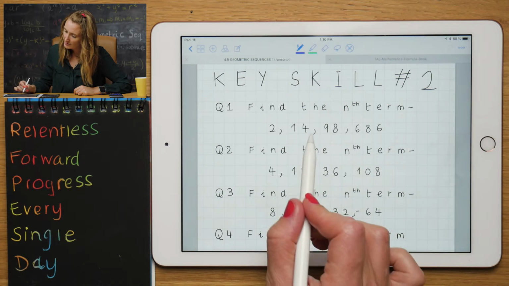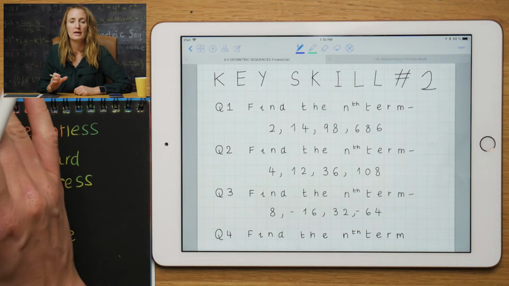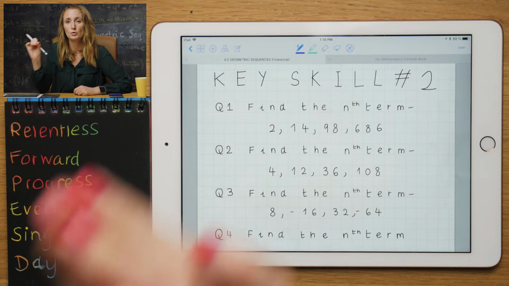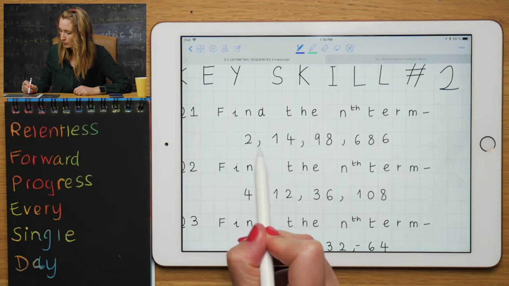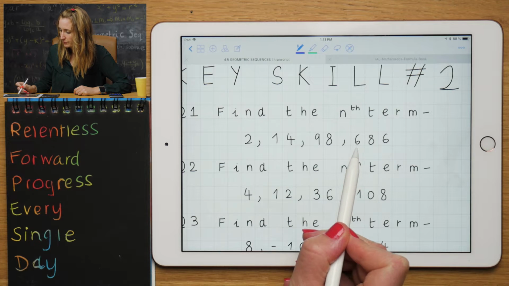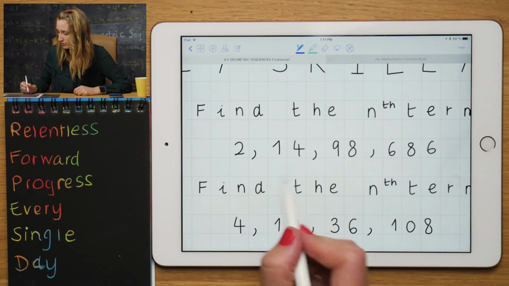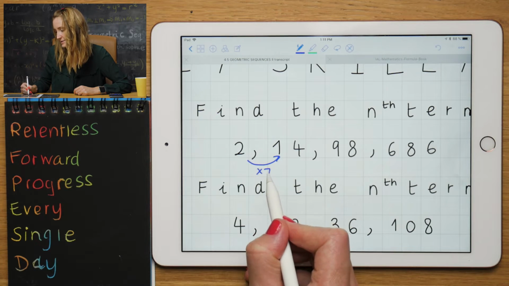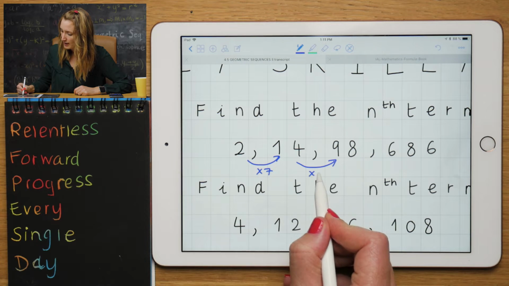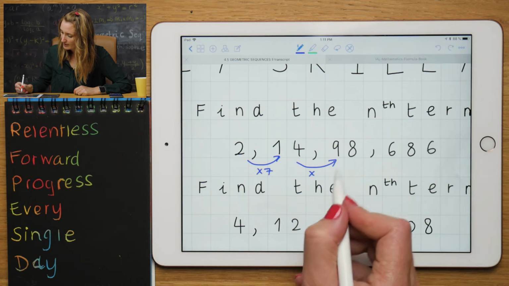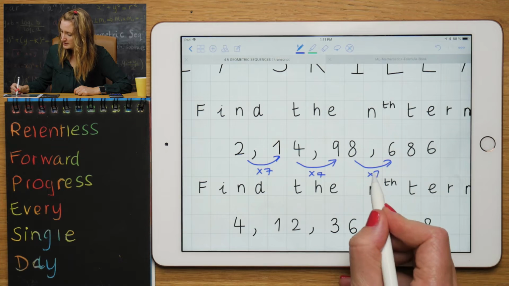So here we've been asked to find the nth term. What is the nth term? The nth term is a formula that can give you a shortcut directly to the term that you want. For example, here I've got 2, 14, 98, 686. So each time I am multiplying by 7. 14 divided by 2 is 7. 98 divided by 14 is 7. 686 divided by 98 is 7.